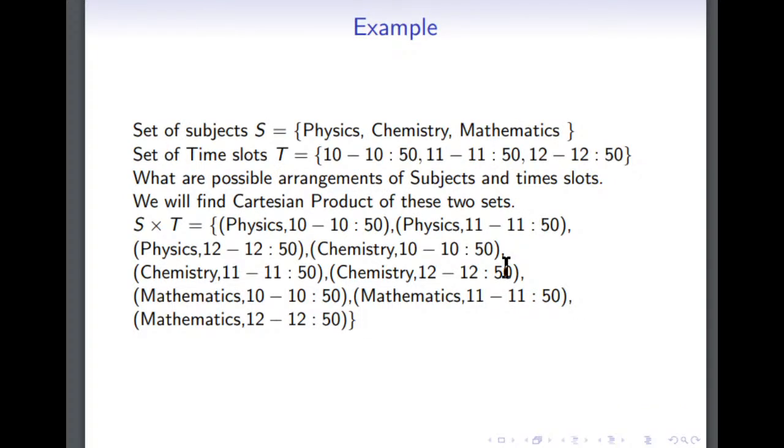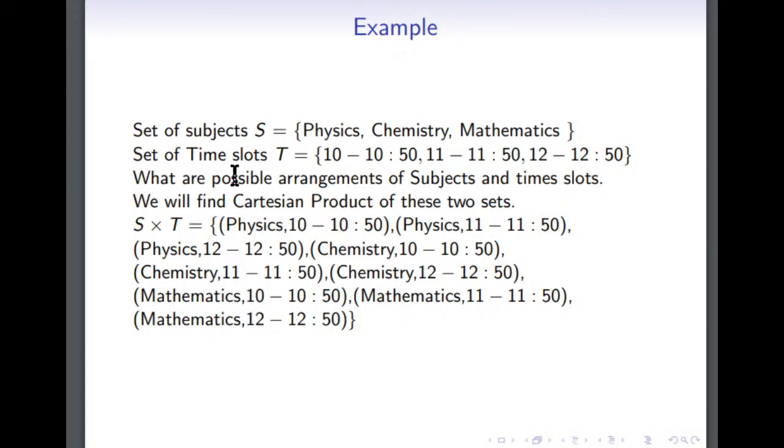In this, our YouTube channel, we are teaching, let's suppose, 3 subjects today: physics, chemistry and mathematics. And we have 3 time slots which you have received in your messages or PDF. I make a set of subjects as physics, chemistry and mathematics.